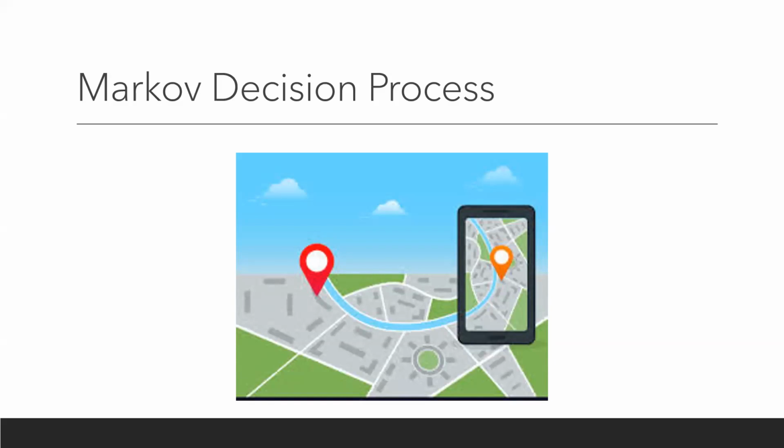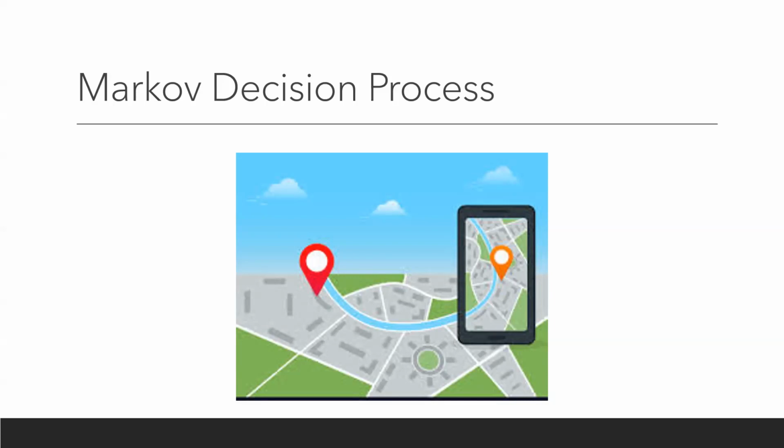So let's say a person is at point A, and the person wants to go to point B. Irrespective of where the person was before point A, the shortest path or the GPS route between A and B should be the same, because it does not depend on which state the person was in before.